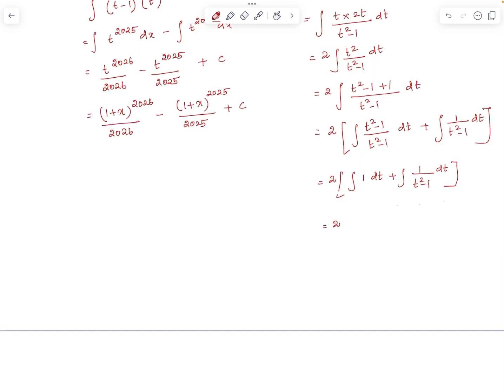Integral 1 dt gives t, plus integral 1 by t square minus 1 is 1 by 2 times log of t minus 1 by t plus 1, plus c.